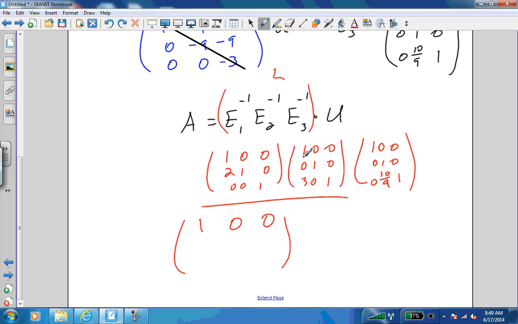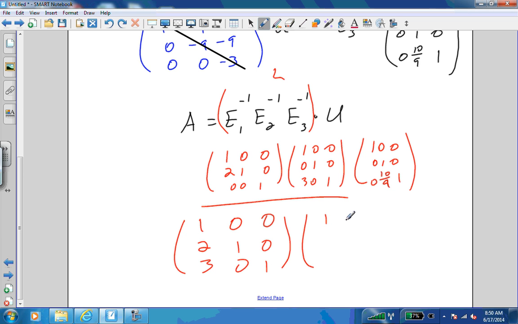And the second row times the first column, we get a 2, 0, and 0. Times the second column, we get a 0, a 1, and a 0. 0, 0, 0. We multiply this times the first, we get a 0, 0, 3. 0, 0, 0. 0, 0, 1.